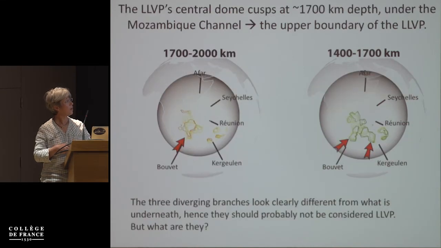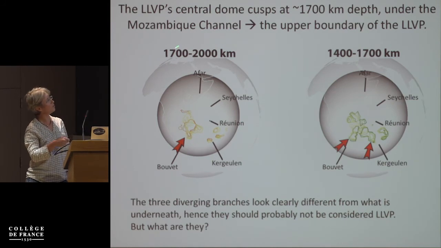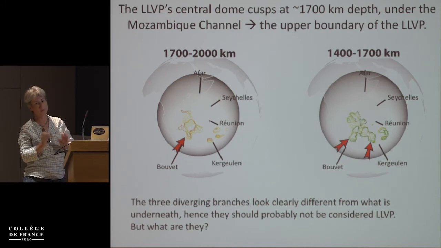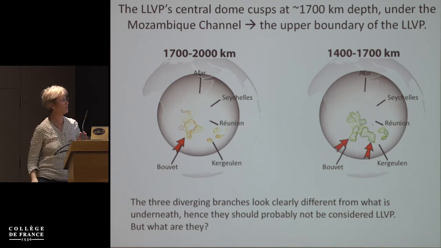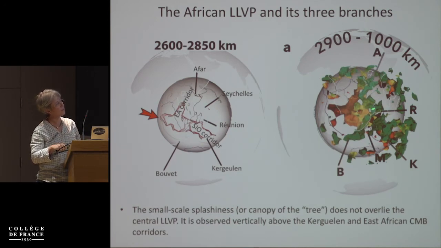One thing we can then say is this is a special depth, about 1,700 to 2,000 kilometers, where the LLVP seems to be cusping, and at the next step it diverges. So there are three branches going out here. And the other thing is that this is the lowermost mantle, and if we look at everything on top of it, you can see that the shallow slow structure is only above where the deep is.